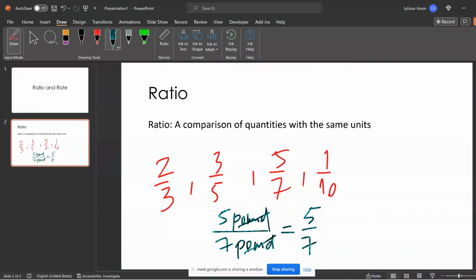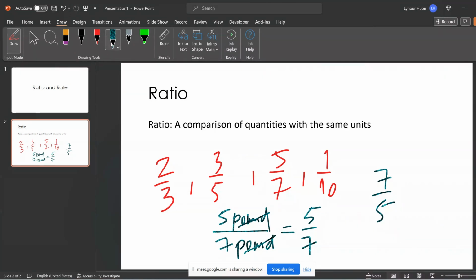So 3 is greater than 2. It can be like 7 over 5, also a ratio. The numerator and denominator don't have to be one bigger than the other, unless it's a whole number.